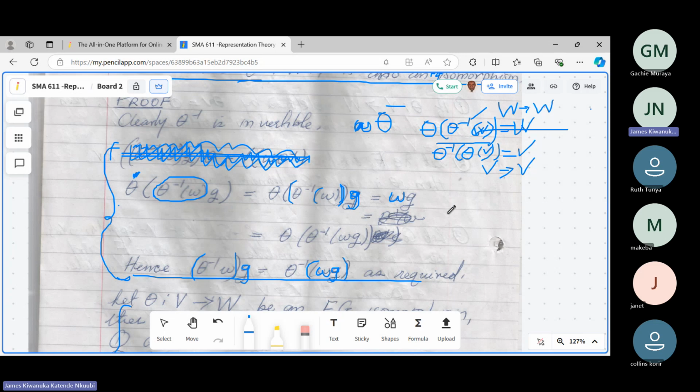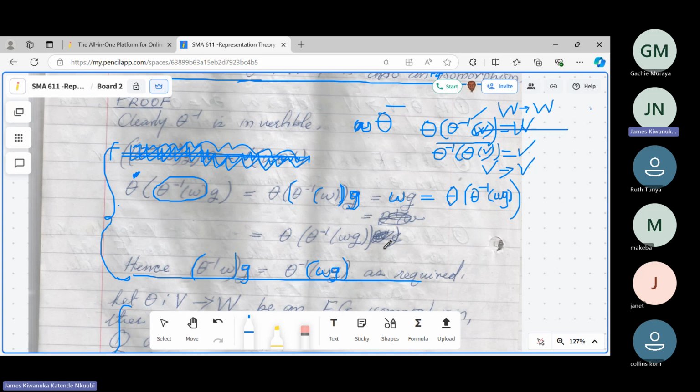But now WG is the same thing. What is going on at the bottom here is the same thing as the identity element acting on WG. Remember, WG is an element in W, but you can replace the identity element with theta and theta inverse, which eventually you can write as theta inverse WG.